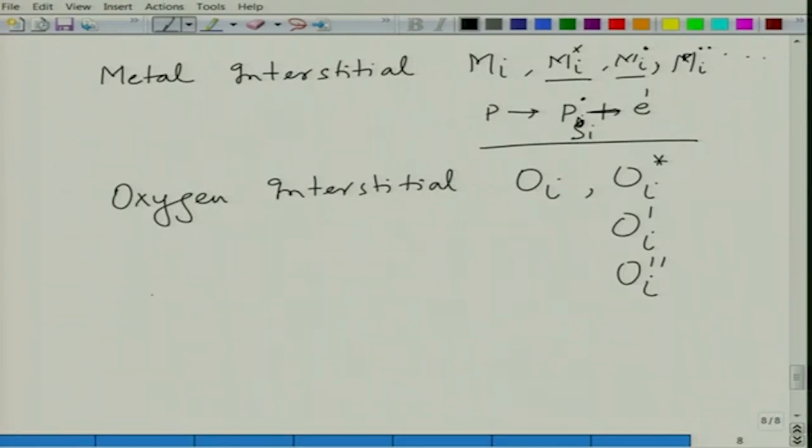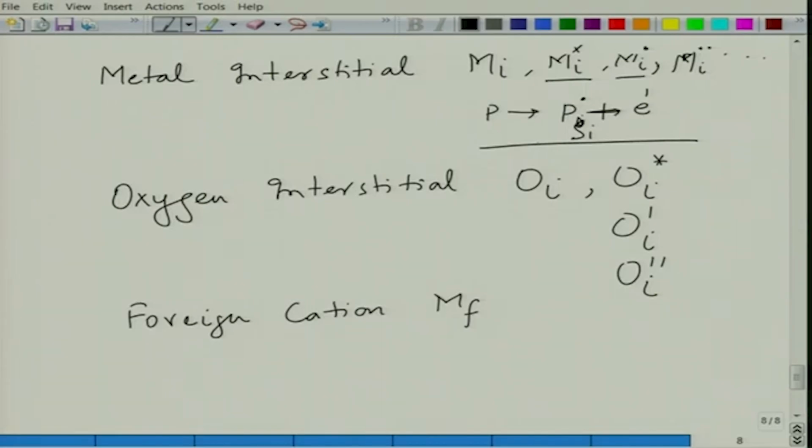If you have a foreign cation, it is generally MF, and this MF can also take positive and negative charges depending upon where and how it goes. There are some other conventions that we will see as we continue in the course.